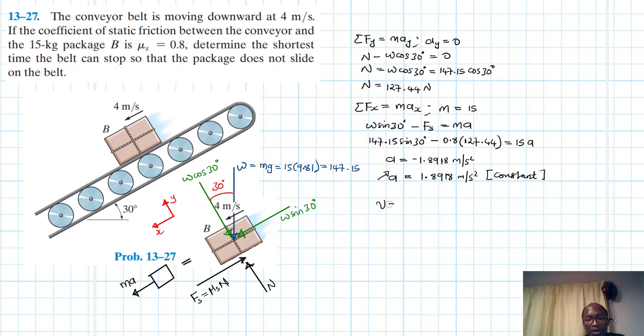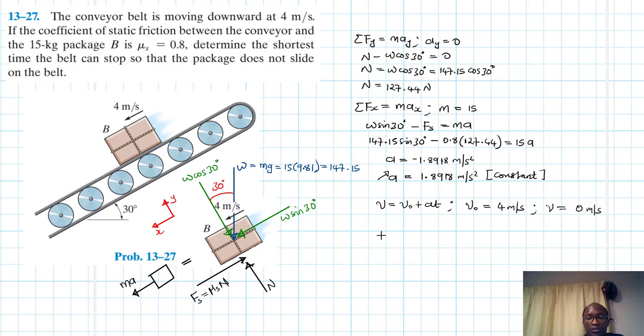So we can use this equation, v equals v naught plus at, where our v naught is given as 4 meters per second, and we are saying we find the shortest time that this conveyor can come to a stop without letting this particular box slip. So we want the shortest time. Therefore, our final v should be equal to 0 meters per second.